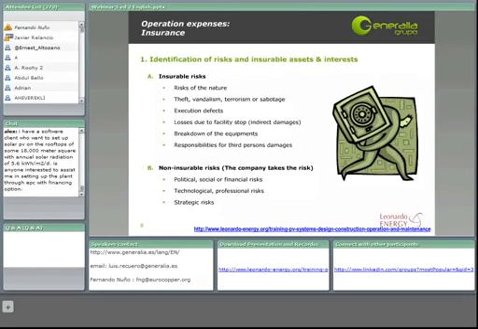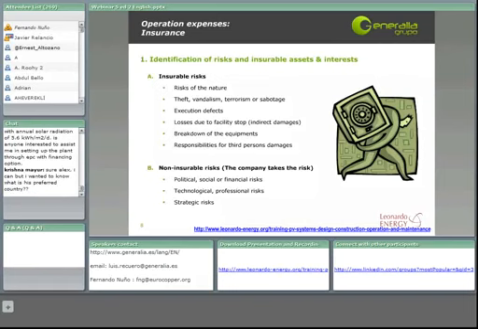Another risk would be the breakdown of equipment during the plant execution, but also during the plant operation. A typical example could happen if we don't have a well-implemented corrective maintenance program. For example, imagine that we forget lubricating the motors of a PV plant using sun trackers.